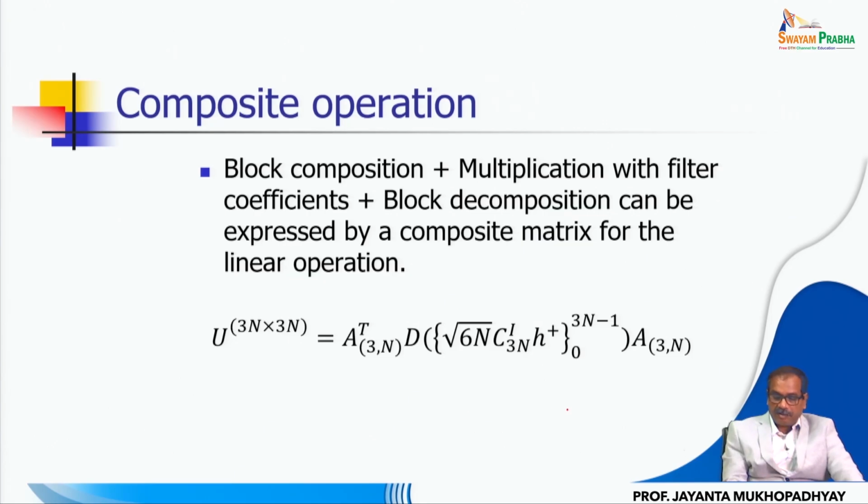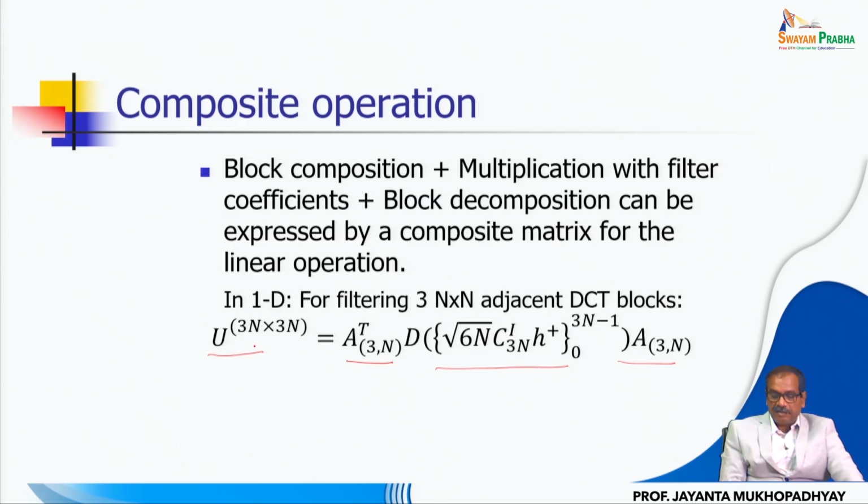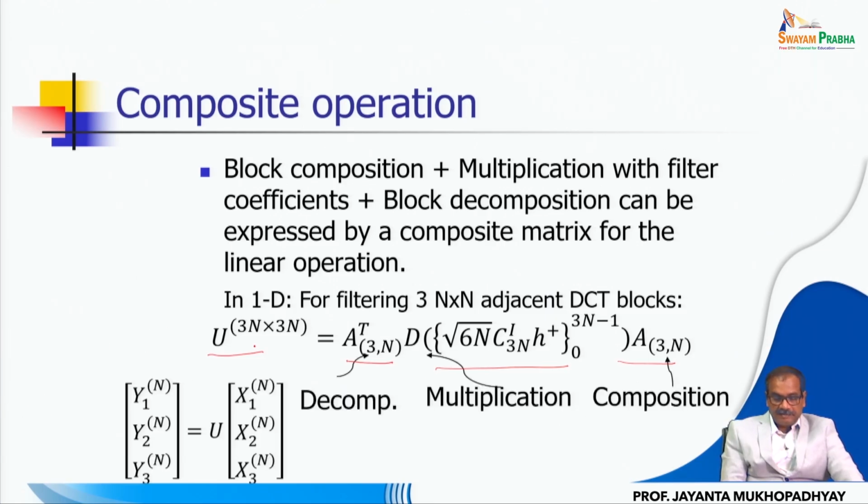So these composite operations, like merging, then the diagonal matrix of the convolution multiplication operation, and then the inverse, which is also a transposition here, decomposing it again, can be expressed in terms of a single operation. So 3n cross n adjacent blocks, it shows like this, and this is how you are doing it.